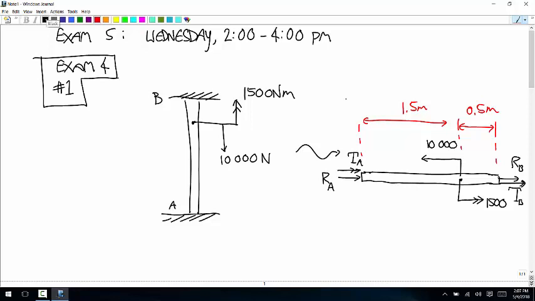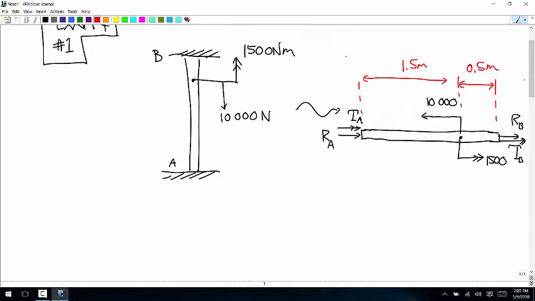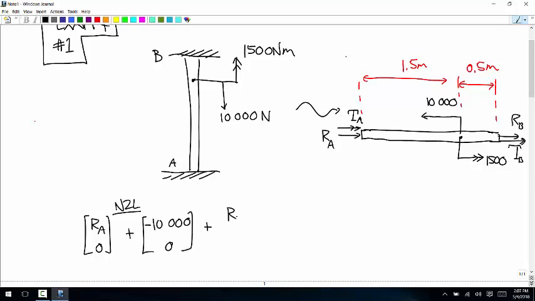Okay, so first we do the statics. From the free body diagram, Newton's second law says RA plus negative 10,000 plus RB is equal to zero. So that gives one useful equation, RA plus RB is equal to 10,000.